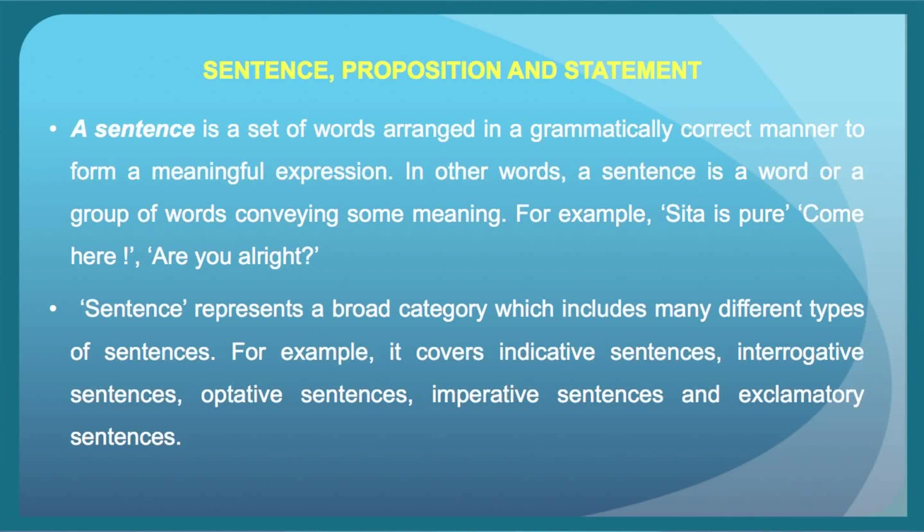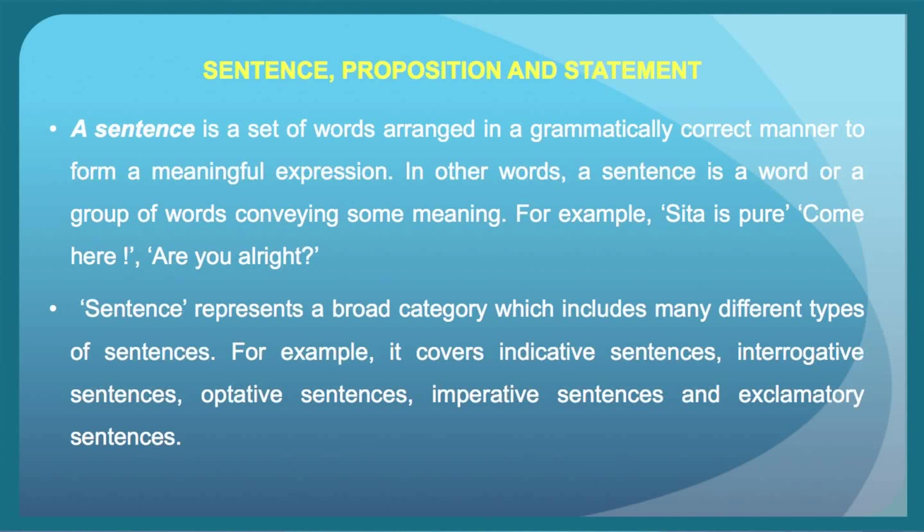For example: Sita is pure, come here, are you alright? These are examples of sentences. A sentence represents a broad category which includes many different types of sentences. For example, it covers indicative sentences, interrogative sentences, exclamatory sentences, etc.